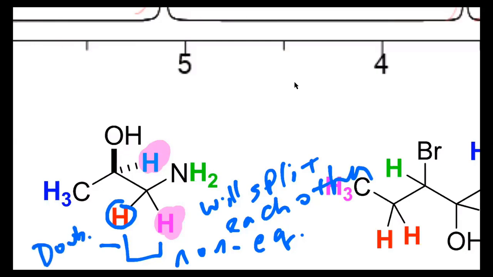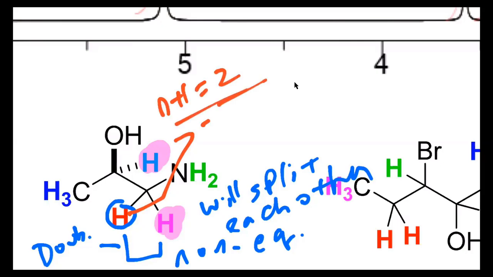And then what happens when it splits with this proton right here? What should that give you? If it's only one, and we apply the n+1 rule, that should also give you a doublet. So this right here will give you a doublet, and here you'll also get a doublet, because n+1 is going to equal 2.